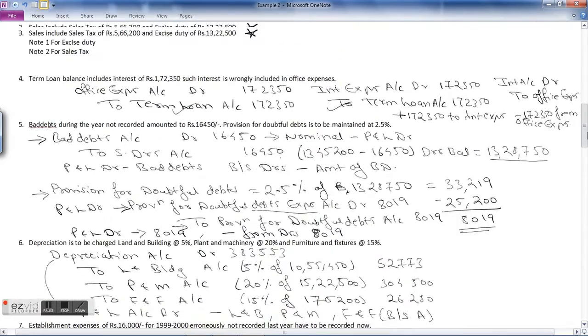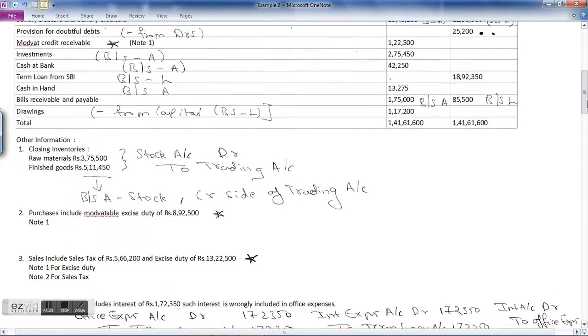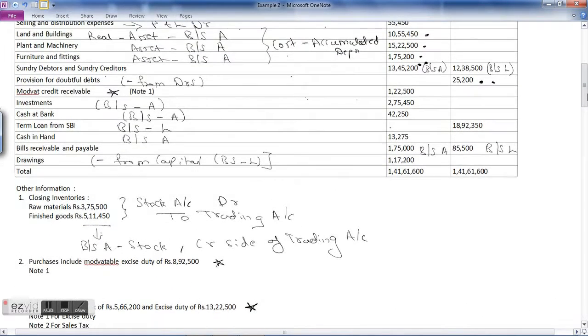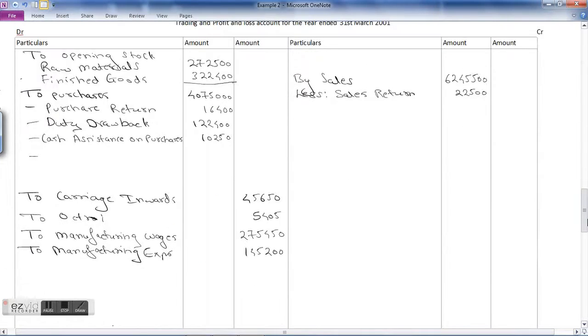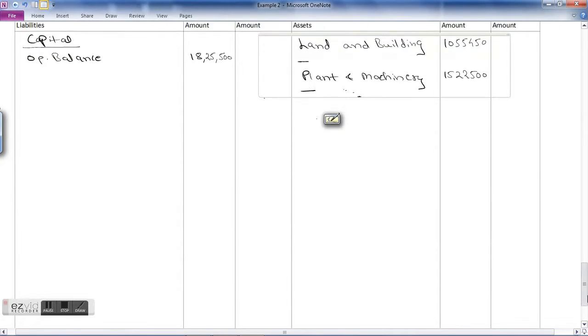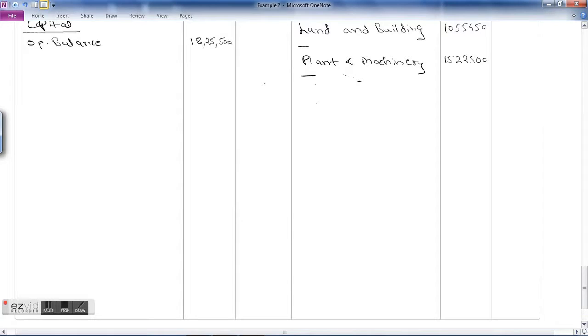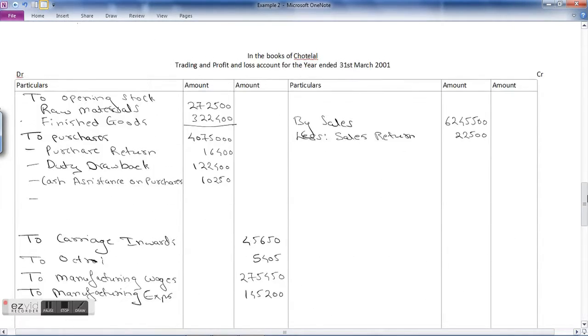Then the next one is furniture and fittings, 1,75,200. So balance sheet asset side. Furniture and fittings, 1,75,200, and leave some space for adjustment.